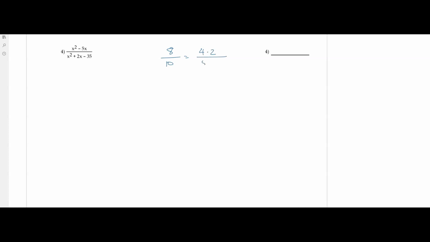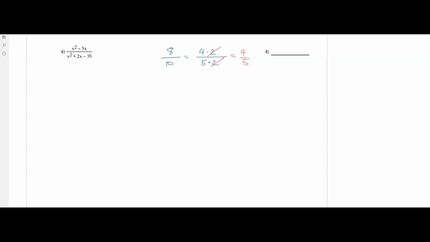This is 5 times 2, correct? So I factor the top and factor the bottom with the intent to simplify, meaning I want to find the same common factor on top and at the bottom. I have a 2 at the top and 2 at the bottom, and I've simplified, and my final answer is 4 over 5.